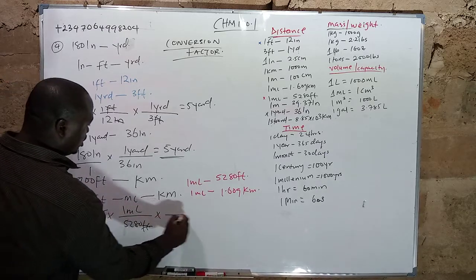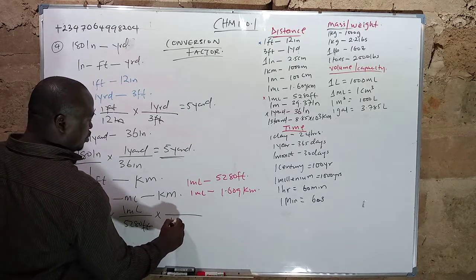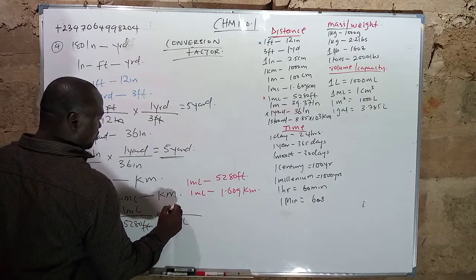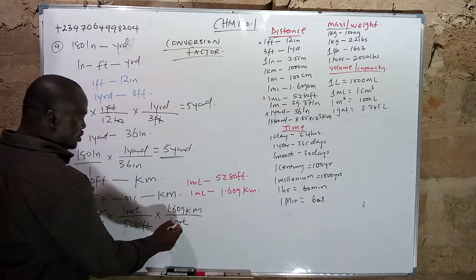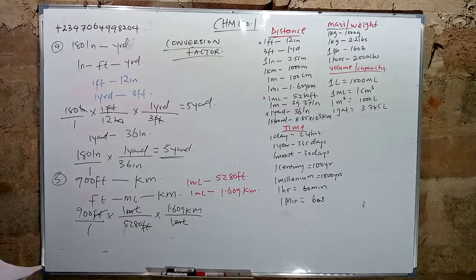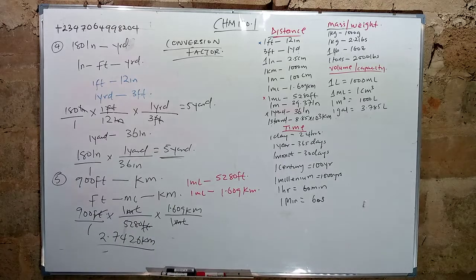So the next thing is you move from mile to kilometers. So this time around there will be 1 mile here, and you have 1.609 kilometers. So this will cancel this. So you should get 0.26 kilometers, and that is the answer.